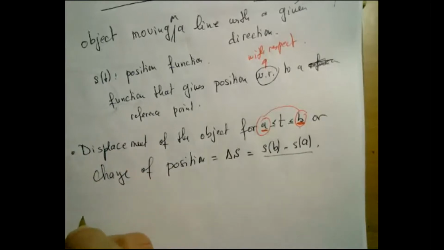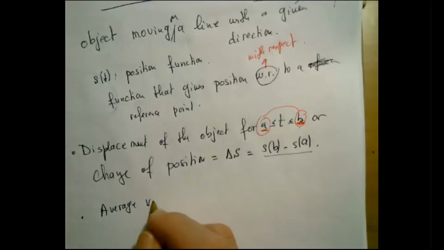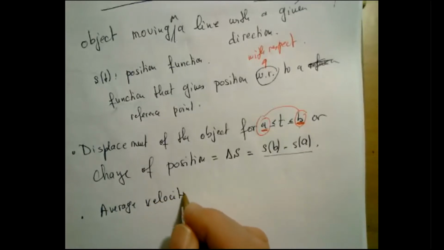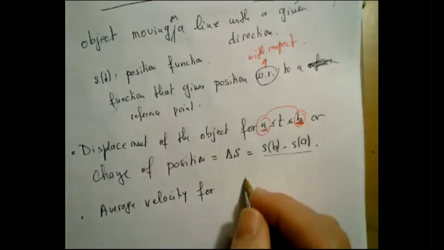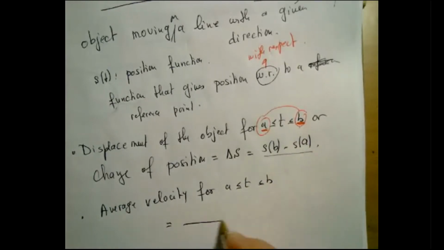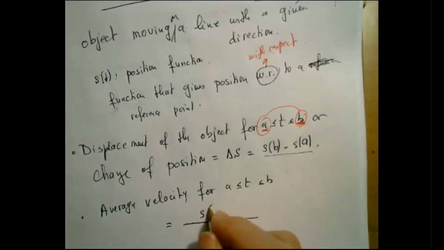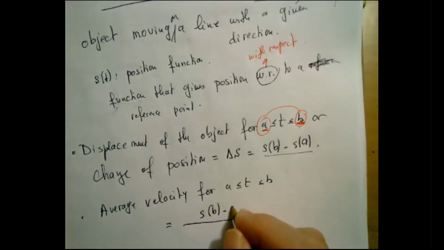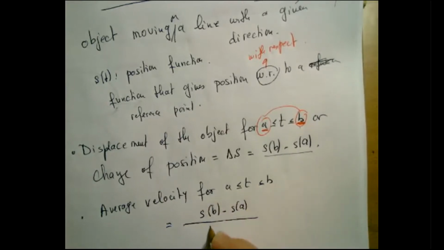So the average velocity for t between A and B, these are things we've seen, is the displacement divided by the change in time.